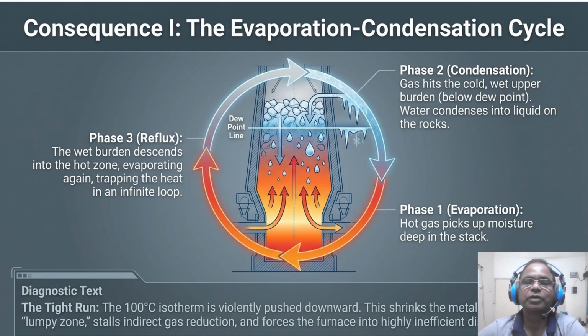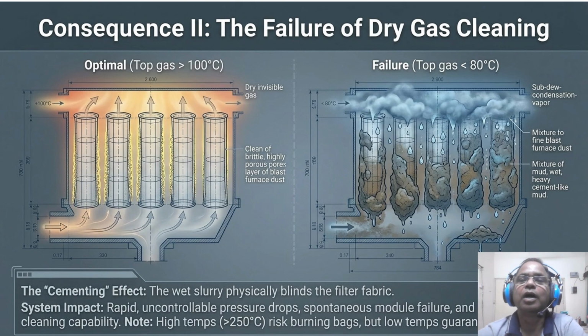So coming to our consequences two, the failure of the dry gas cleaning. On the left is the optimal state. On the right, as you can see, it's a very important one on the slide display.